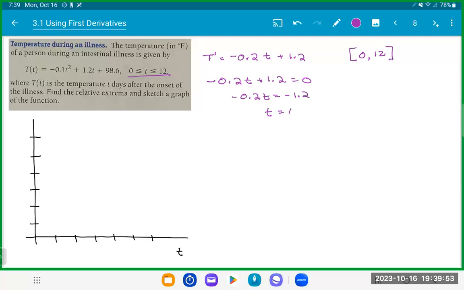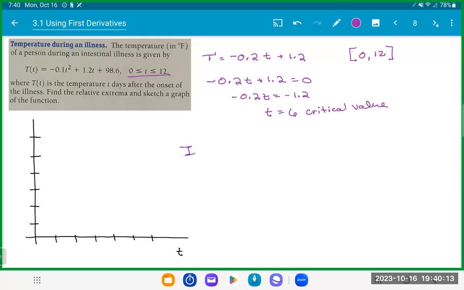Thus, t is equal to 6, and this is my critical value. So our interval will be divided up from 0 to 6 and 6 to 12 instead of infinity.